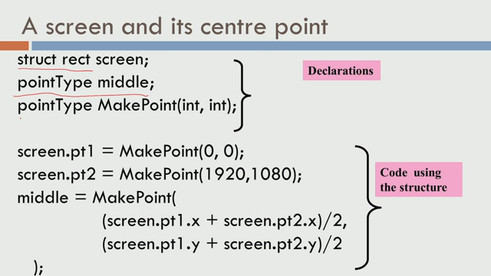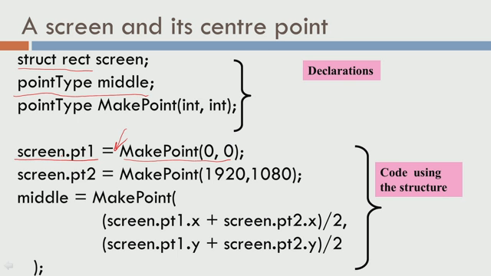So, to find out the middle point, let us say I start with 0 comma 0, which is the left bottom of my screen. When I call make point of 0 comma 0, this is going to return a structure. So, the return data type here is a structure, and on the left side we have screen which is a rectangle, but rectangle dot pt1 is a point.